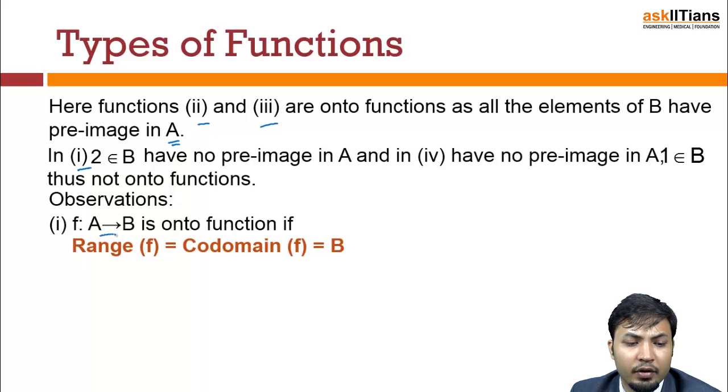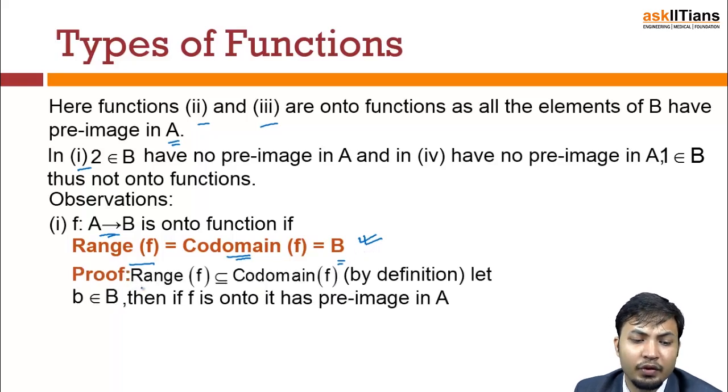A function f from A to B is an onto function if the range of f is equal to the codomain of f, which is equal to B. Now this is the first important condition that you should look at. Next, how do we prove that? For a range, we know that it is a subset of the codomain, by definition.